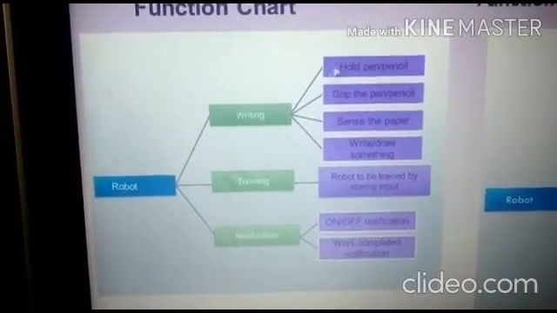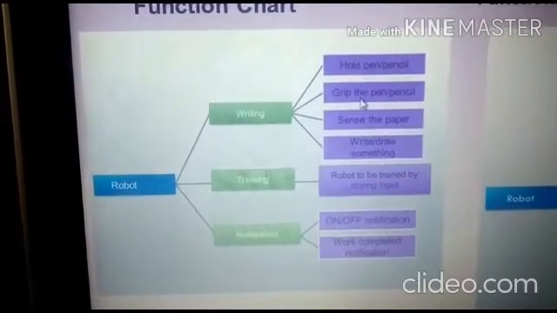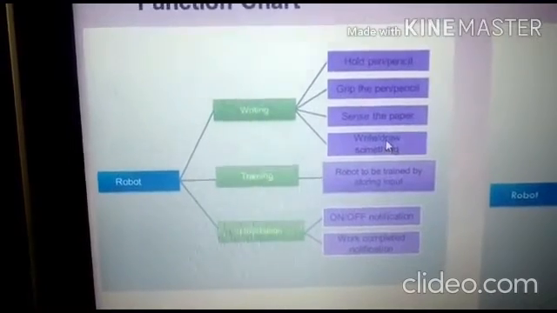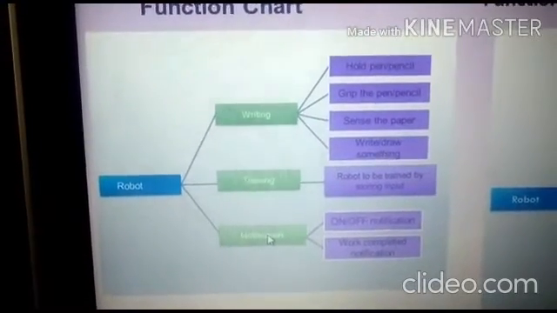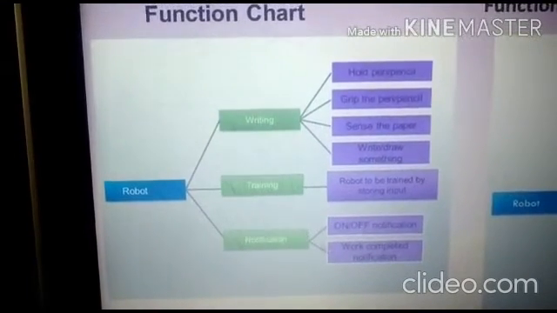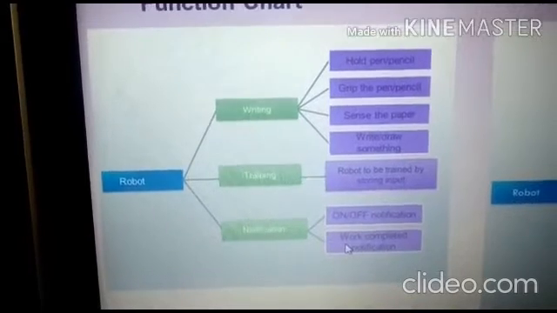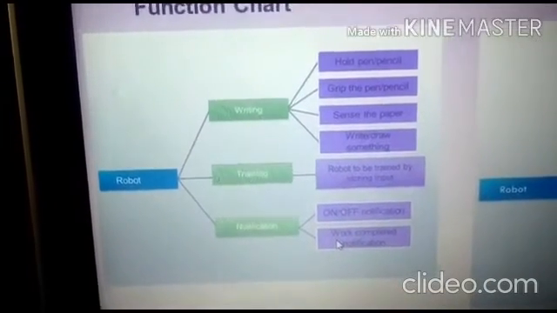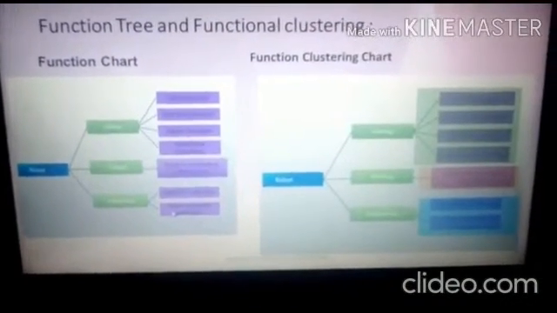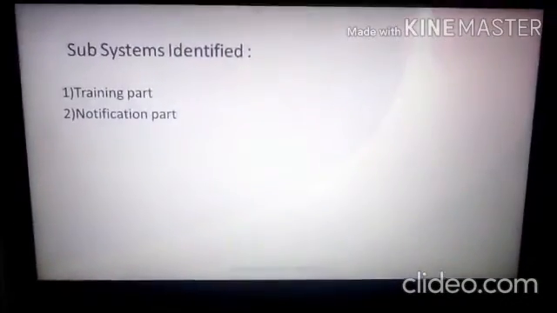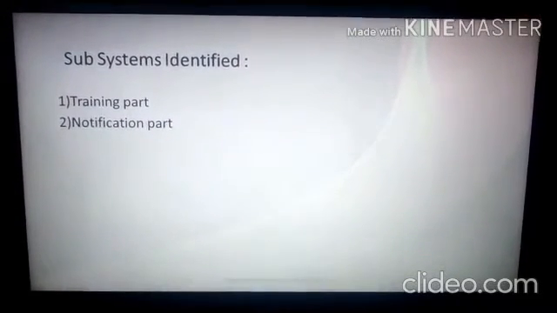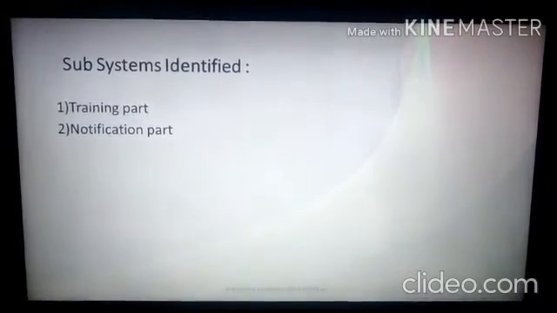Writing involves holding the pen or pencil, gripping it, sensing the input and writing or drawing something. The notification part tells the user whether the machine is on or off and also notifies about the work completion. The same tasks when clustered look as follows. When broadly visualized, our course project consists of two main subsystems, a notification part and a training part.